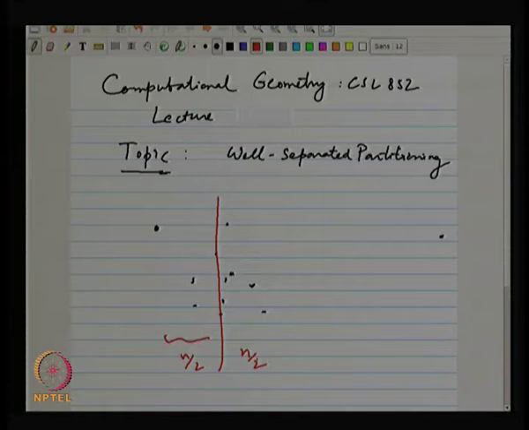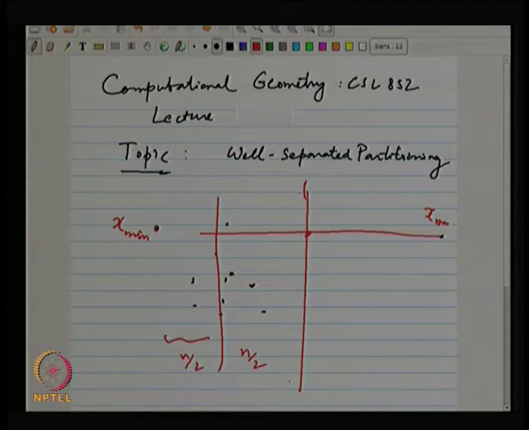The other option could be that I take the x min and x max, and whatever the values are, I look at the median of that and use it to partition the set of points. In this situation, as this example shows, it may not actually have the effect of dividing the input set. But nevertheless, there is some partitioning happening, essentially on the coordinates, or the size of the numbers being used in the algorithm.